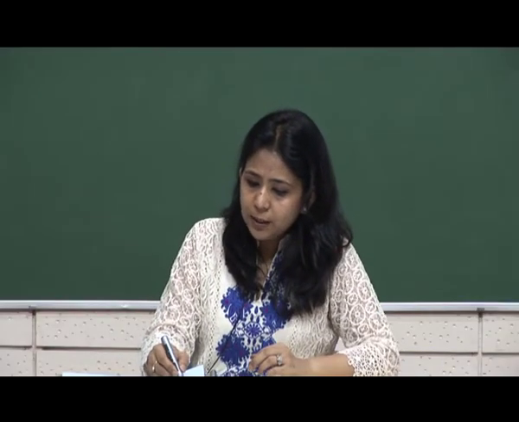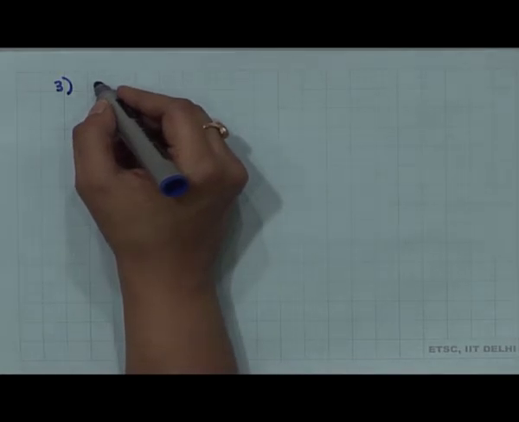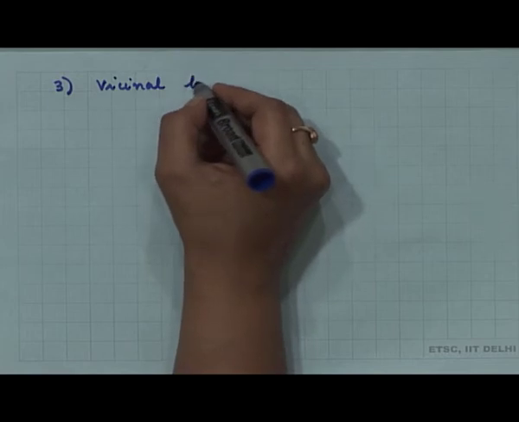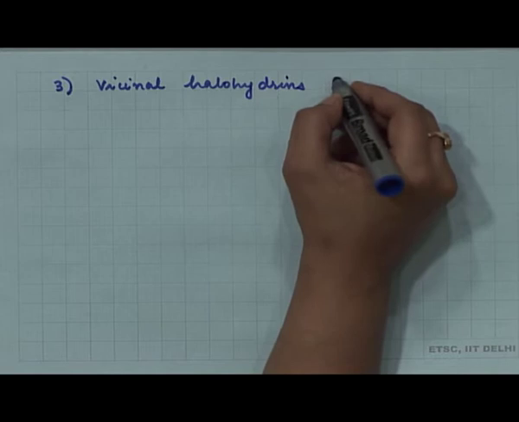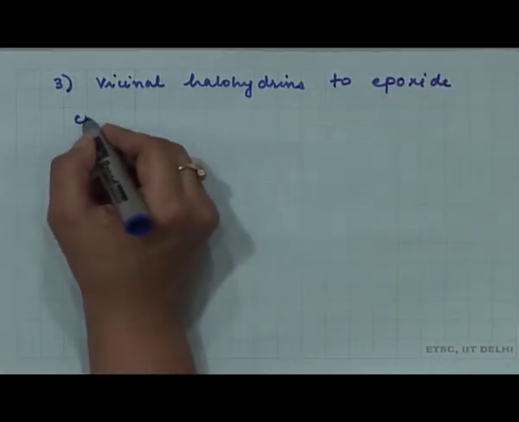Okay. Another method for making these cyclic ethers is from these vicinal halohydrins, which change to epoxide.